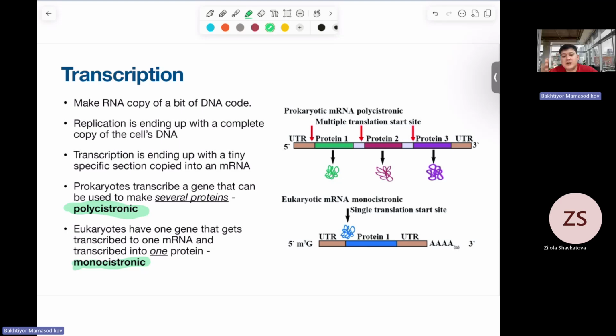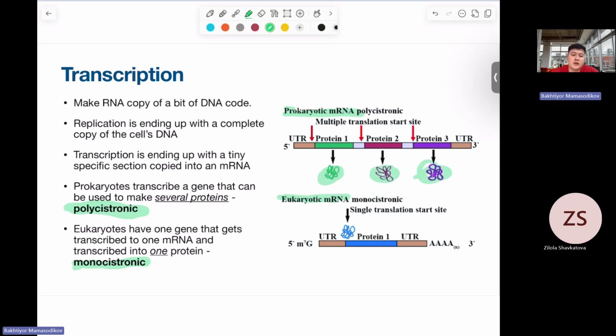But in eukaryotes, each messenger RNA is going to synthesize only one protein. For example, human cells are going to synthesize only one protein from one messenger RNA. But from one messenger RNA, the prokaryotic messenger RNA is going to synthesize several proteins.